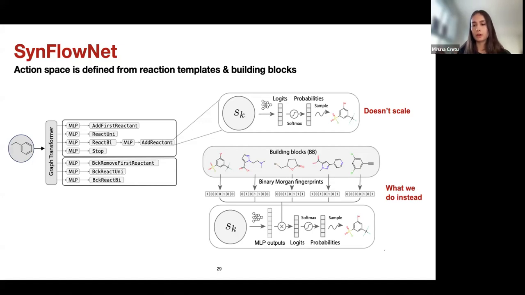So we have building blocks, which are molecules, and they can be more similar or less similar to each other. And this chemical space organization can help us scale the sampling better. So what we do is we take the MLP outputs and the dot product of those with binary Morgan fingerprints, which are a binary vector for encoding molecules based on substructures occurring in that molecule. And then we obtain logits and sample from there.